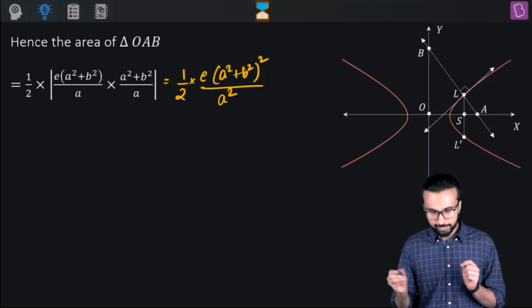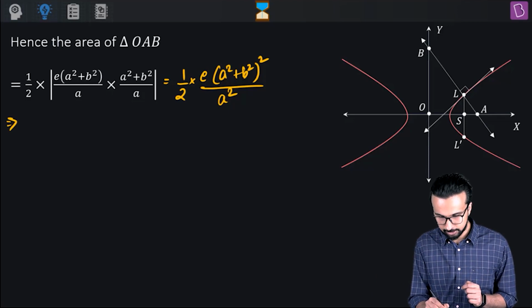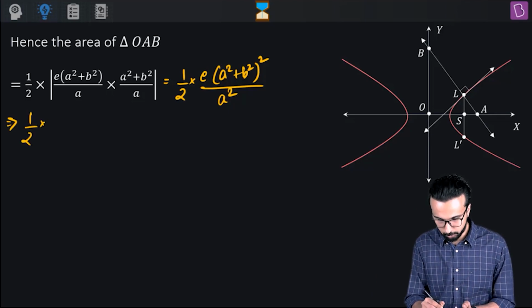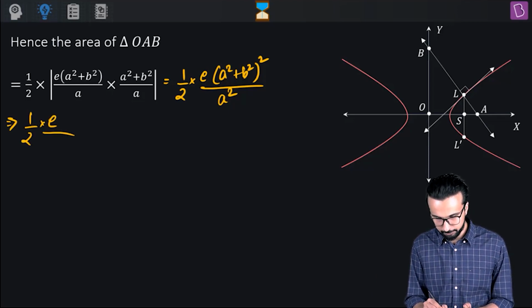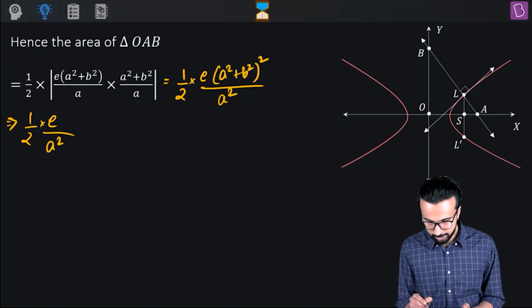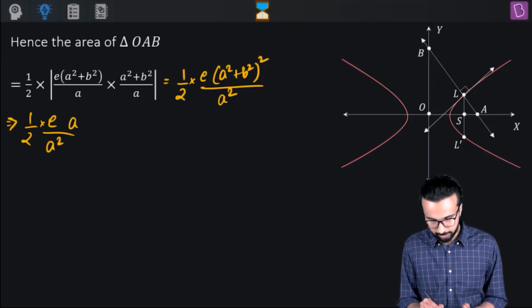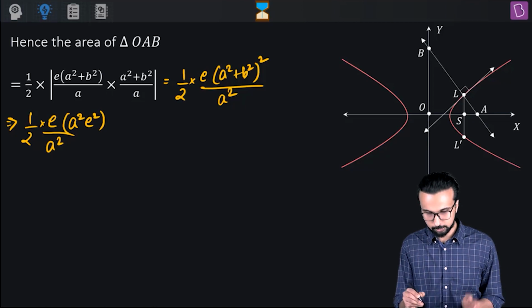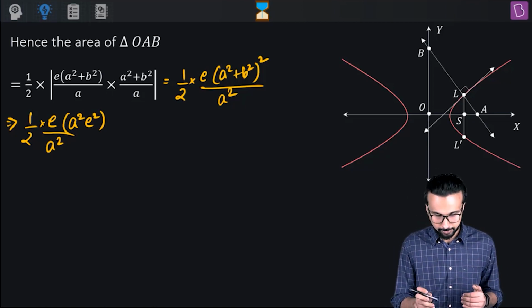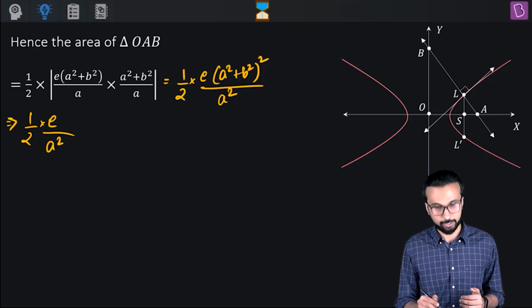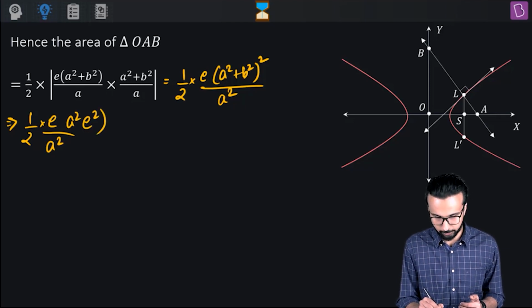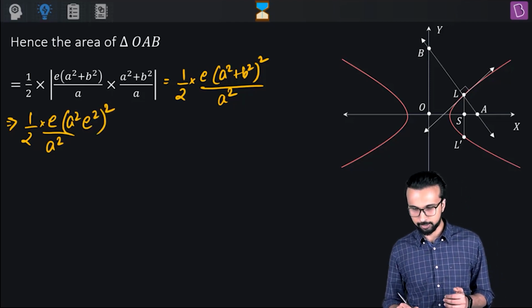Now, this I can further write as half into e divided by a square into a square plus b square. I'll write that as a square e square. So, a square plus b square, the whole square becomes a square e square, the whole square.